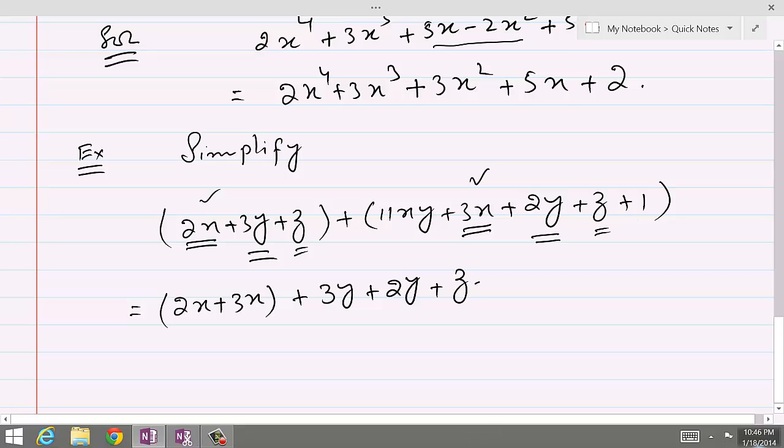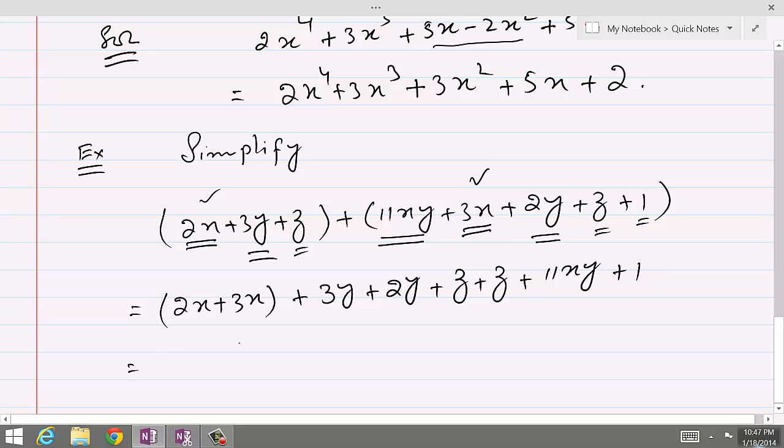Z plus z, and then plus 11xy. Is there any other term which involves xy, the product of x and y? No. So 11xy will be written as such, and there is only one constant term, plus 1, and we are done.